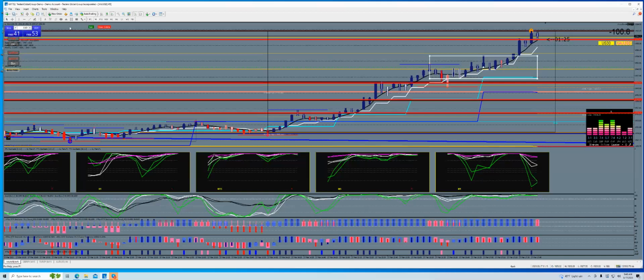It's 1 minute, giving another down. Another trend trade on the 1 minute.